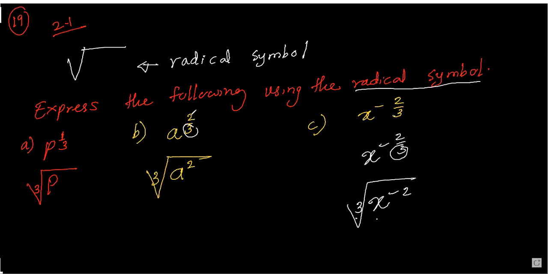And 2 is the power of a to the power 2, and this 3 is inside the hook of this radical sign. Can you understand? Heshan, now can you understand? Okay, write it down.